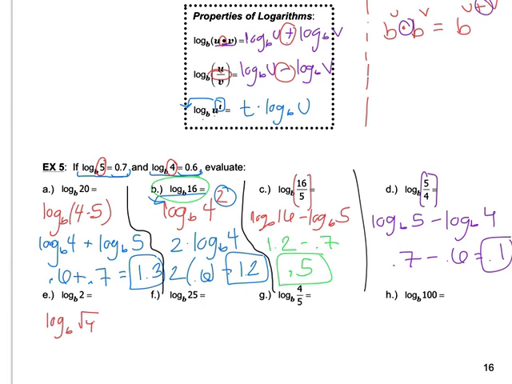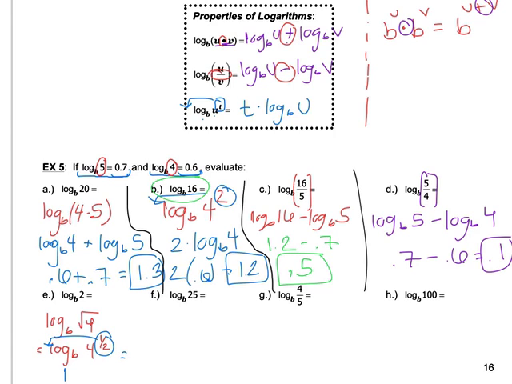But we don't have a property for square roots of a log, but we do know that we can rewrite a square root with a power of 1/2. So really we're looking at log base b of 4 to the 1/2 power. So anytime you can do this, take that power down and multiply it.